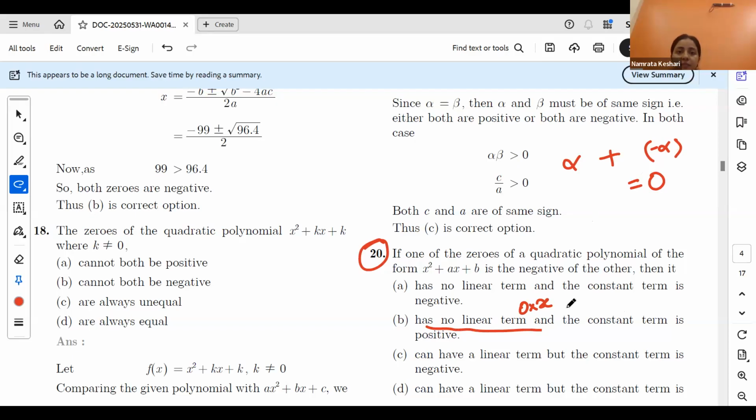But ma'am, how do we know it's the linear term or the x square term? When we create a quadratic polynomial, the format is x square minus sum into x plus product, right? That is how we create the polynomial.